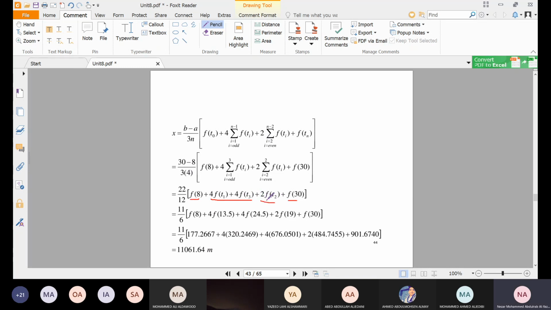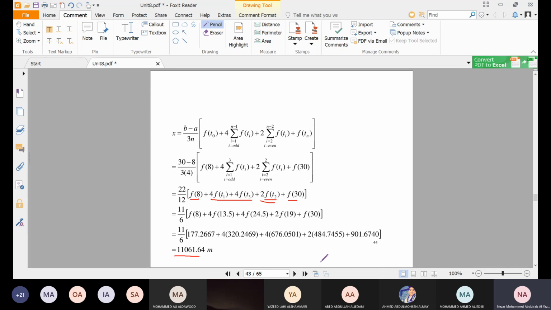Here this is even, so we have 2 multiplied by f at t2. After that, we just compute these parameters and evaluate. We find this is the approximation.